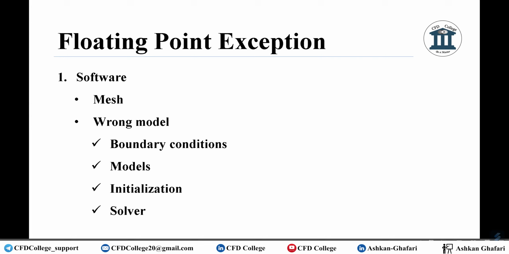And having a bad mesh with low qualities, for example, orthogonal quality, or the most important one, which is skewness in unstructured mesh. If you have a mesh with, for example, two or three cells having a high skewness near one, that may lead to a floating point exception. That may lead to divergence. So mesh is really important.